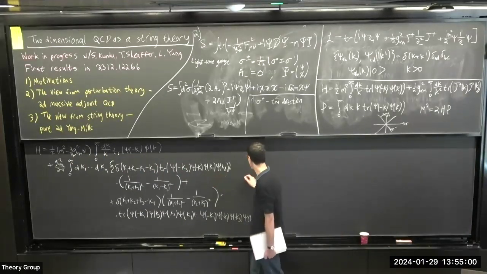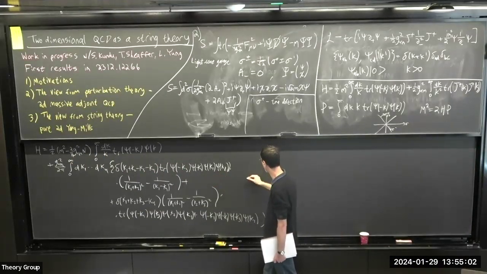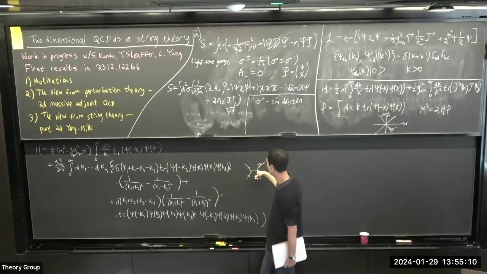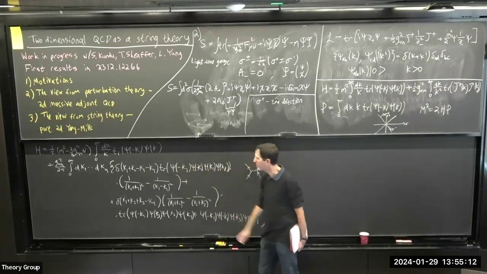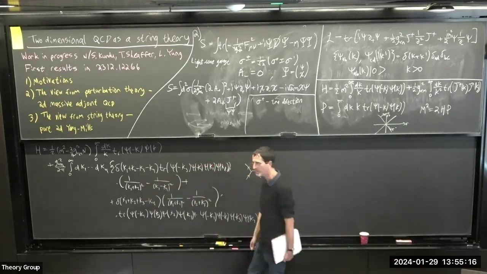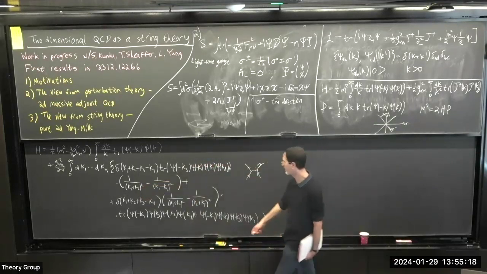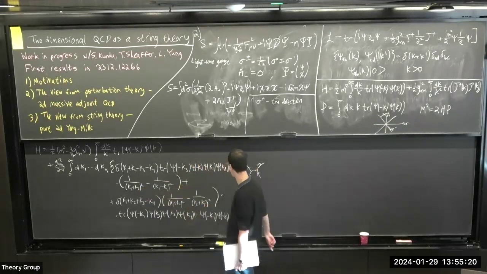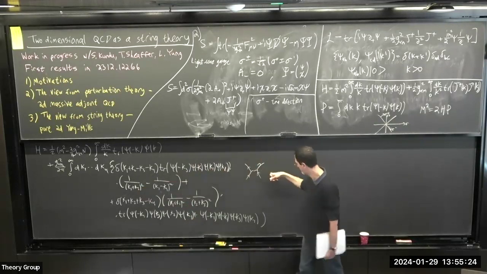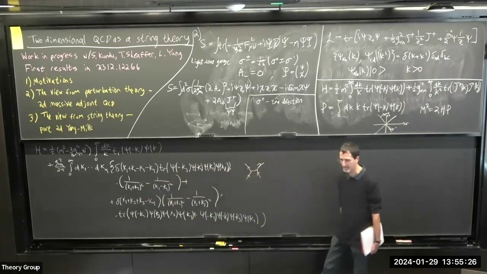There are these interactions which take 2 particles to 2 particles, and essentially you can think of those as having 2 fermions which are originally exchanging a gluon, but once we integrate out the gluon, this just becomes a non-local four-fermi interaction of this form in momentum space. In particular, this 1/(k1 minus k4) squared is exactly what comes from integrating out the gluons that give rise to the Coulomb force.